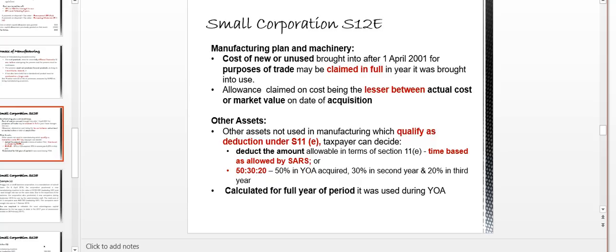So what we did up until now was a section 12C allowance, but now you also get a section 12E allowance. Now the section 12E allowance is specifically for small business corporations.